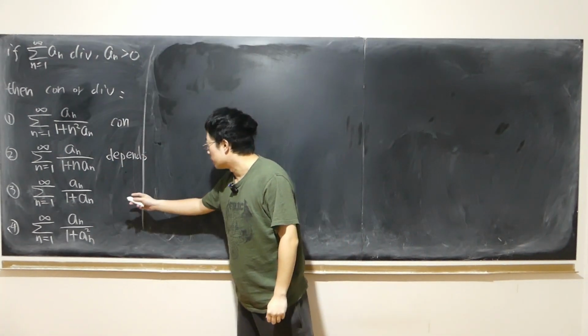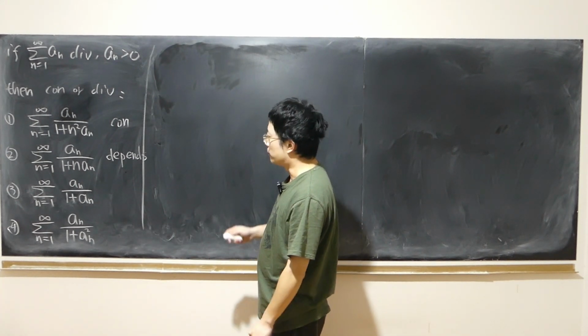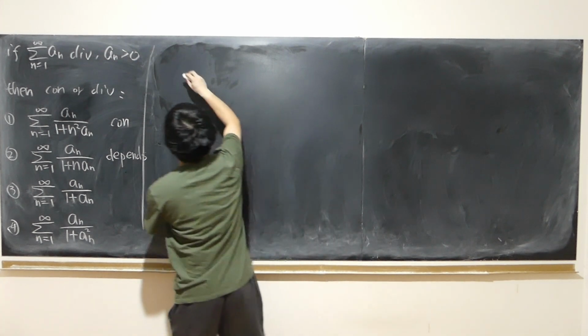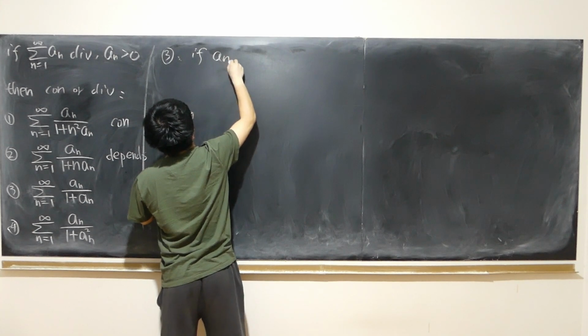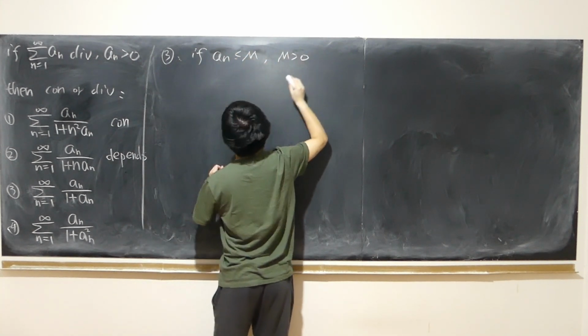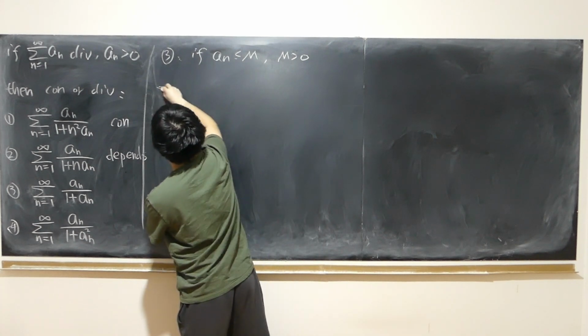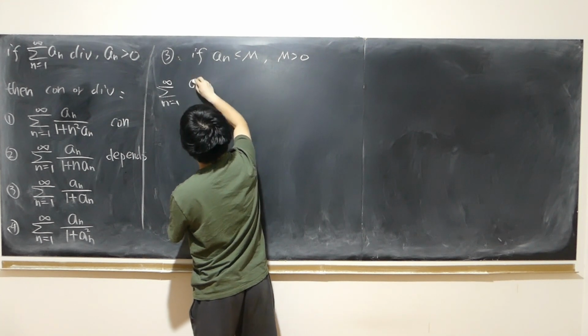Number 3: let's say there are two possibilities. If a_n is bounded, for example bounded above by M, with a_n bigger than 0, then this infinite sum can be loosened again.